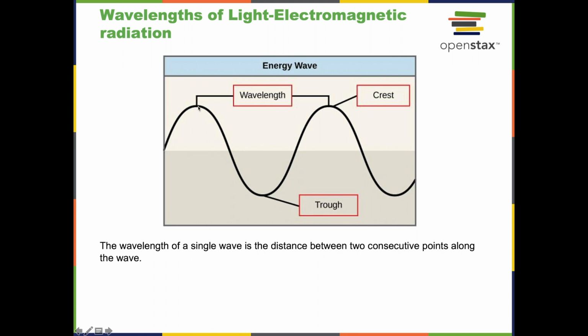And then the distance between the crest of the first wave and the crest of the wave that comes after it is called the wavelength. Now, wavelength is a measure of how much energy the electromagnetic radiation carries.